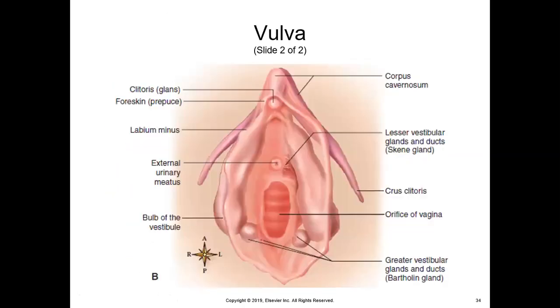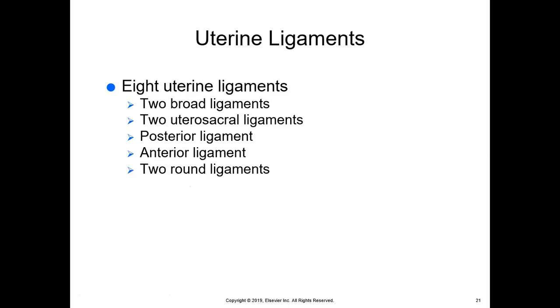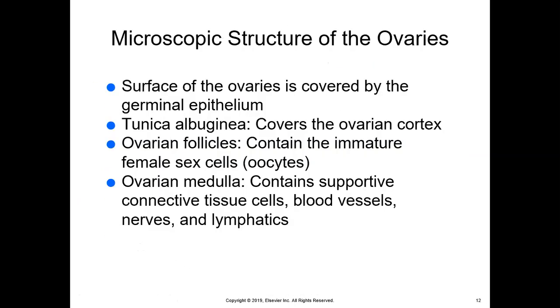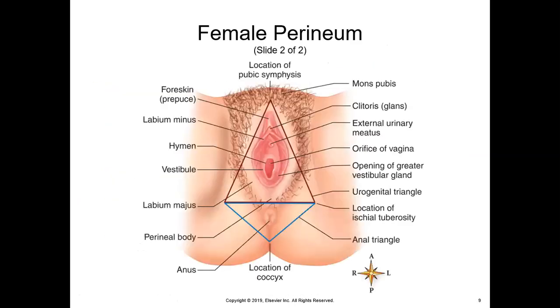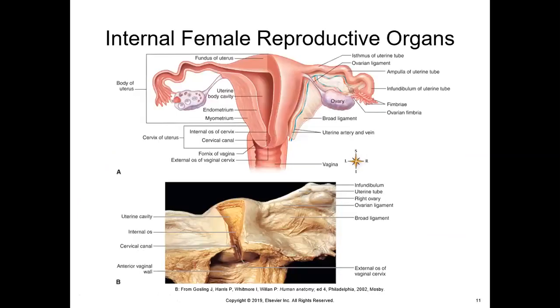Let's go back. So you see some of these pictures of women that have a baby that looks black and a baby that looks white, and they're twins. They actually are delivered at the same time.